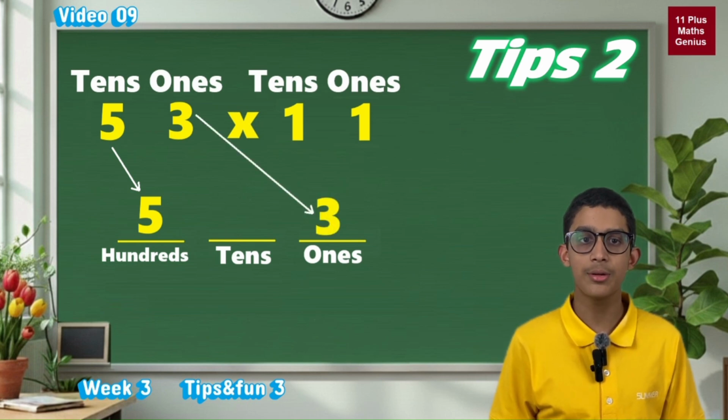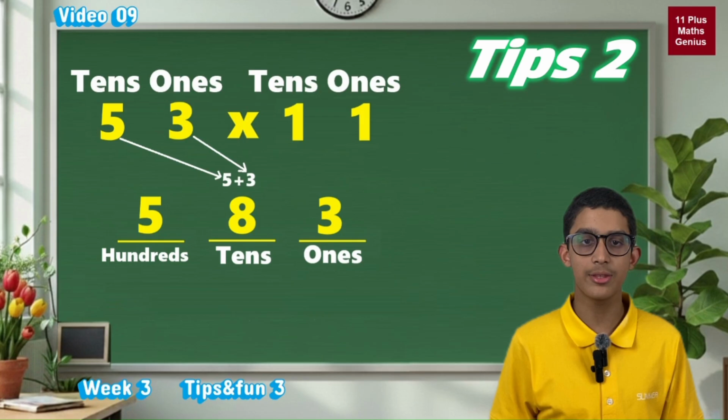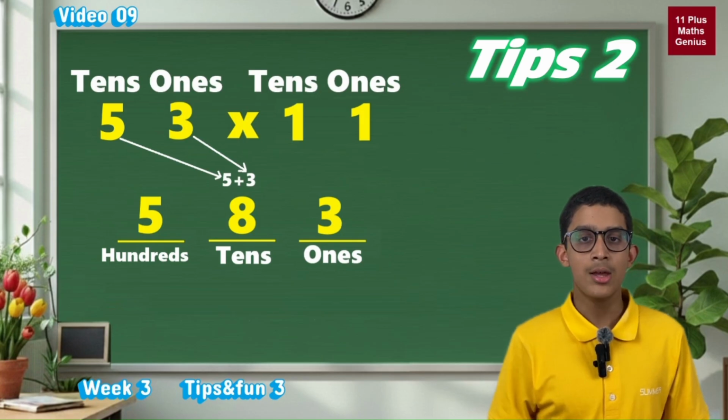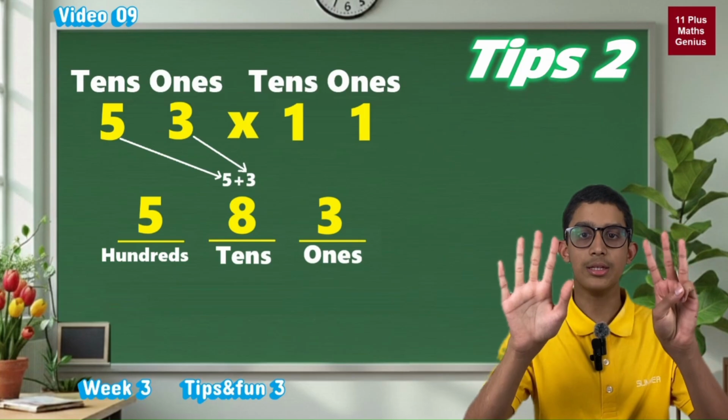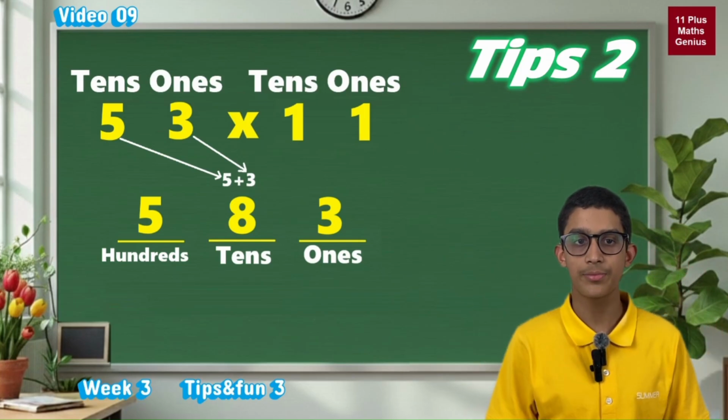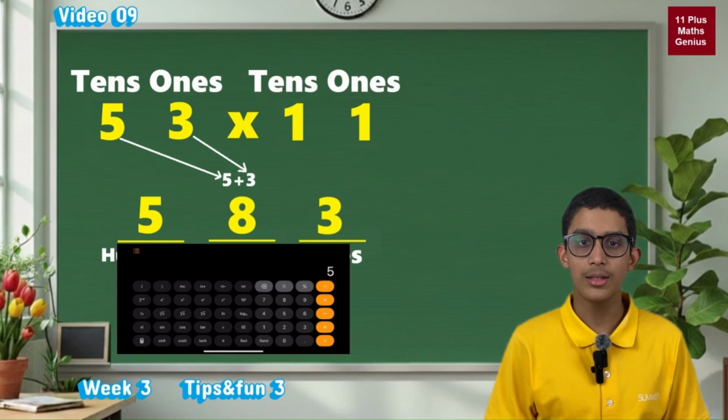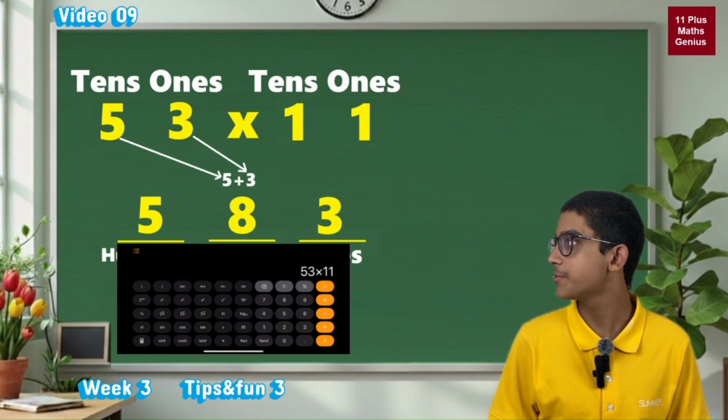Now, add them both and put the result in the tens position. So we put 5 plus 3, or 8, in the tens position. So the result is 583. Let's check with a calculator. It is 583.